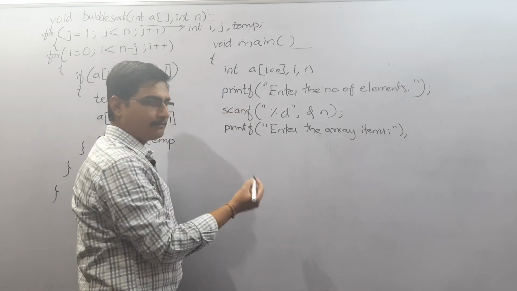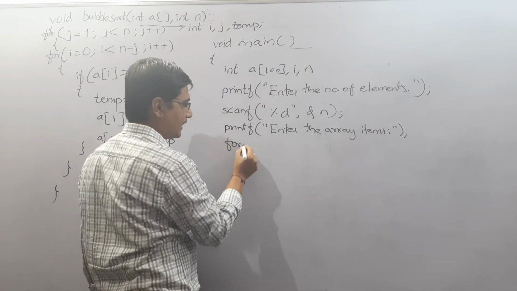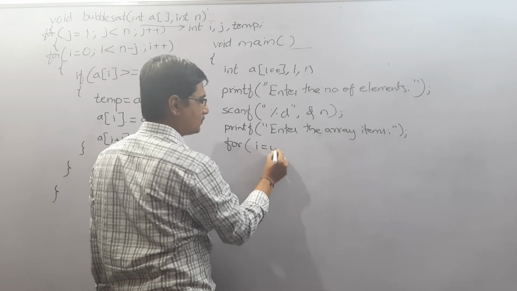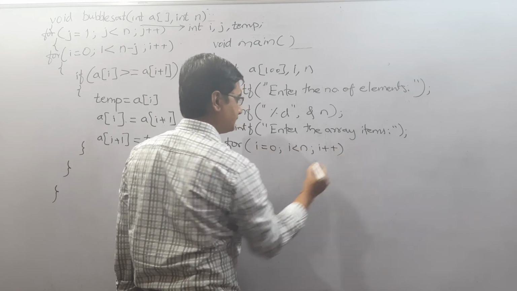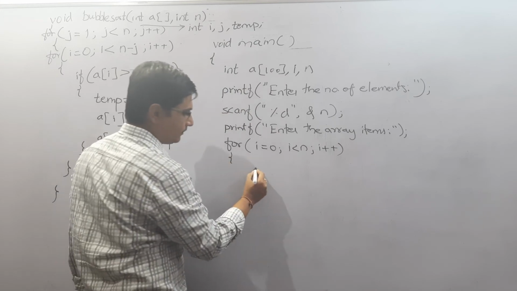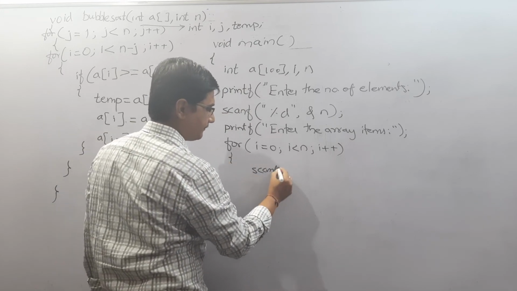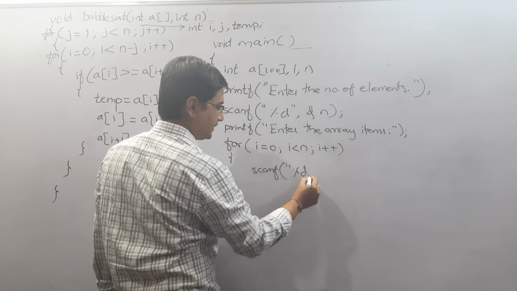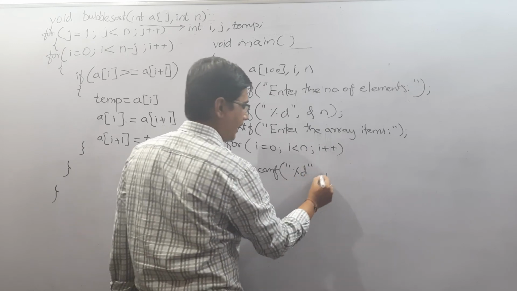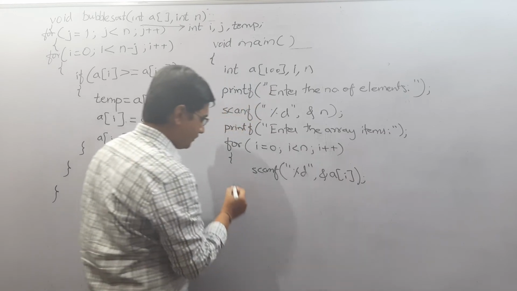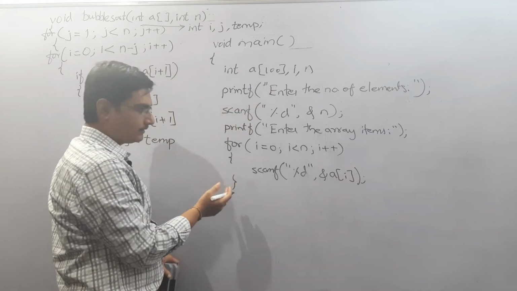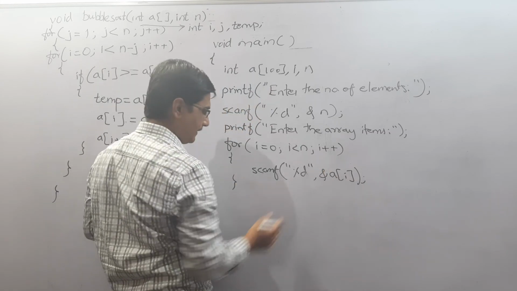To read n number of elements, I need a for loop: I is equal to 0, I less than n, I plus plus, scanf %d and a of I. Now the array elements are there in A.